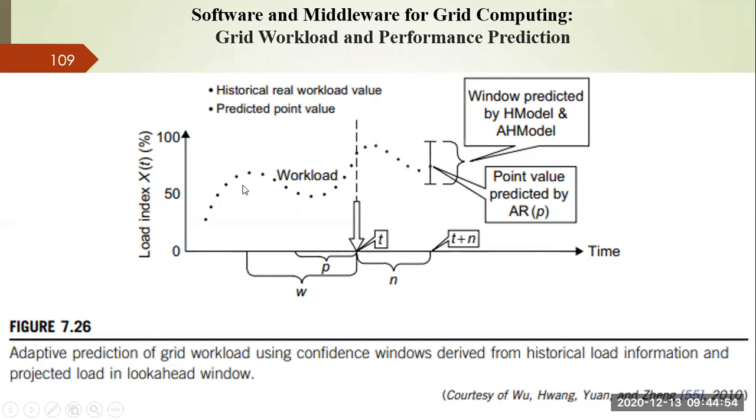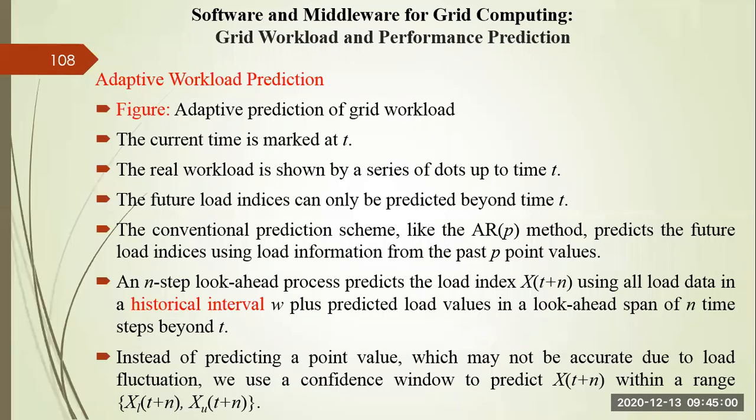But this data is the confirmed data, which we have seen in the past, right? So the future load indices can only be predicted beyond the time t. So we want to predict for t plus n. That is our objective. So the conventional prediction scheme, one prediction scheme is there, that is called ARP.